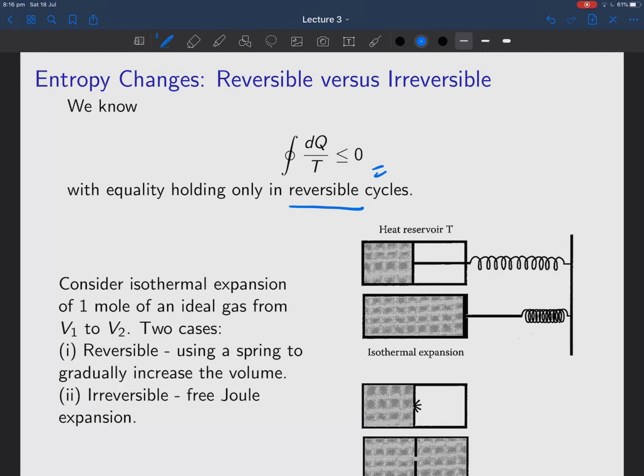Okay. So whenever you're calculating entropy, even if it's for a process that goes from A to B by some horrible irreversible path, it doesn't matter how you're going between those two states, what you can do is you can always take a reversible path between A and B, where you can calculate the entropy, and that reversible path might be completely different from the irreversible path.